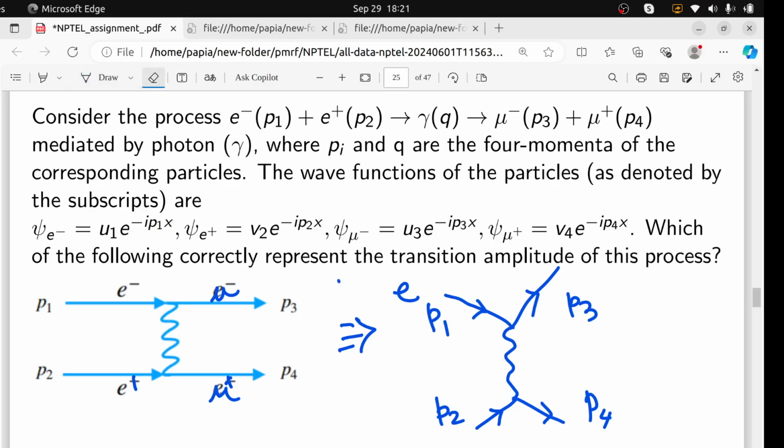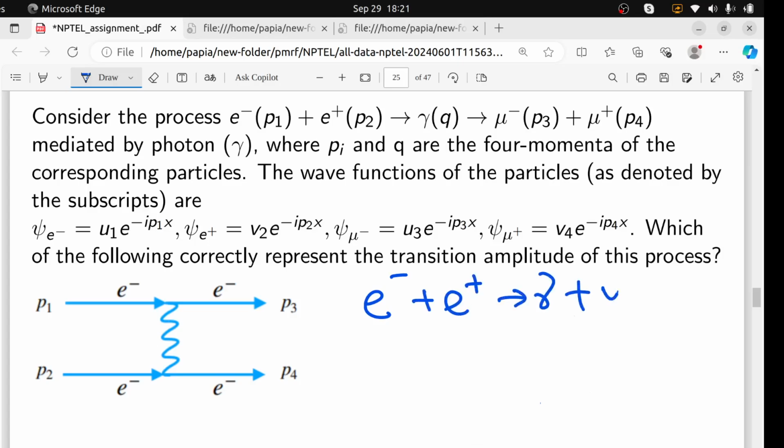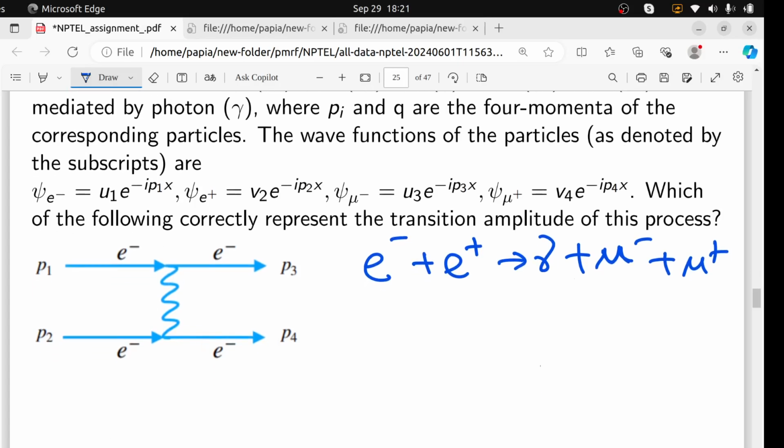Sorry, this will not be the correct Feynman diagram. I have taken it from this question as it was written, but it should not be the correct Feynman diagram. The Feynman diagram for e minus e plus going to gamma going to mu minus mu plus should be like this: this is e minus, this is e plus.